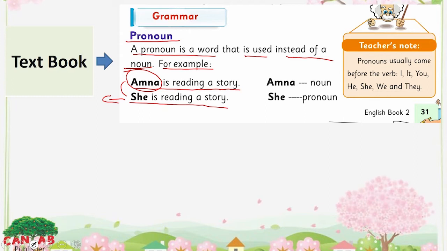The word she replaces the noun Amna here, and she is what? Yes, pronoun. Amna is a noun and we replace it by the pronoun she. Why we use pronouns? We use pronouns to avoid repetition of noun.